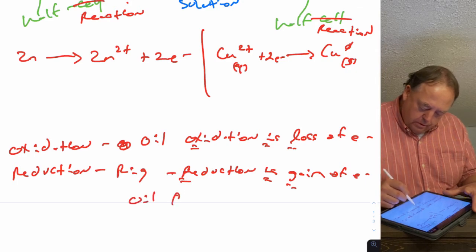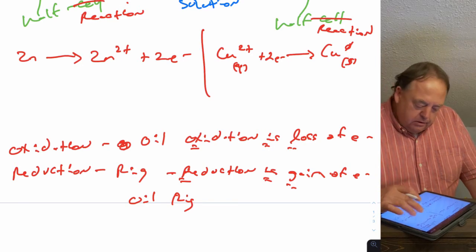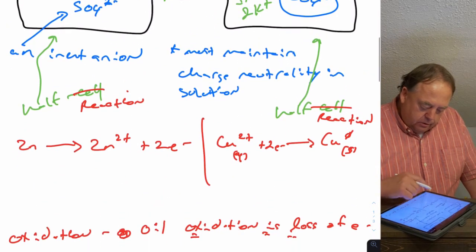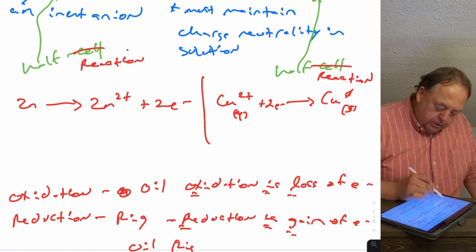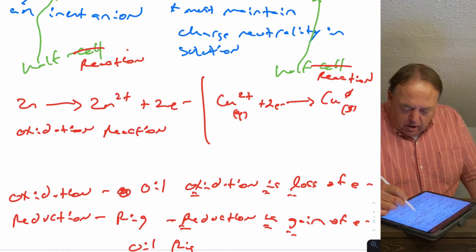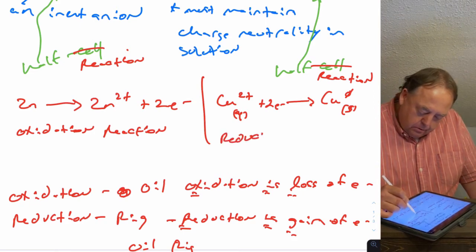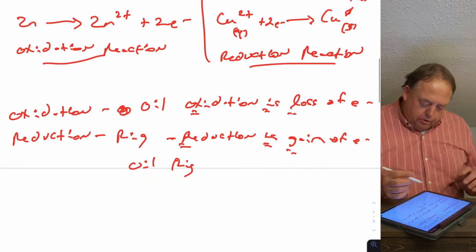So OIL RIG is the acronym, one way to help memorize this and remember this. So the half reaction on the left with the zinc, so zinc is losing electrons, so oxidation is loss, so this would be the oxidation reaction. And copper 2+ is gaining electrons, so that would be the reduction reaction.